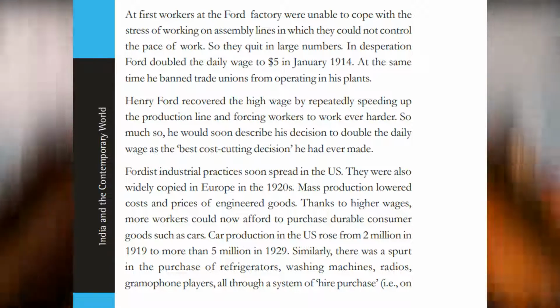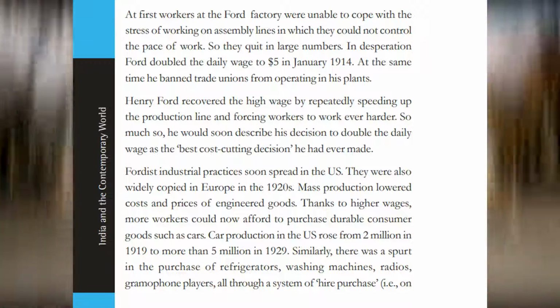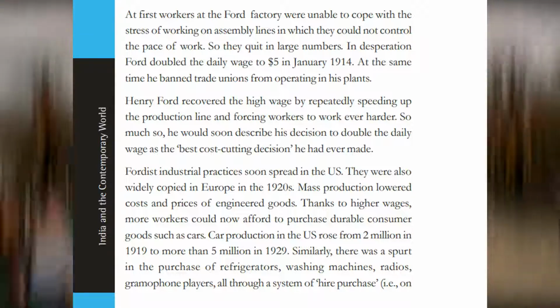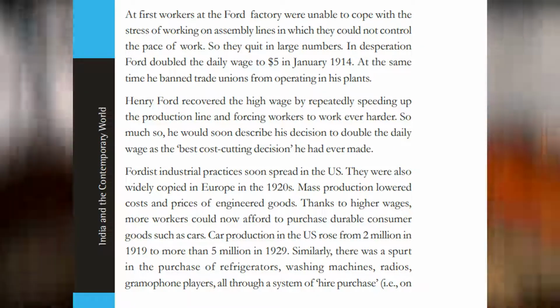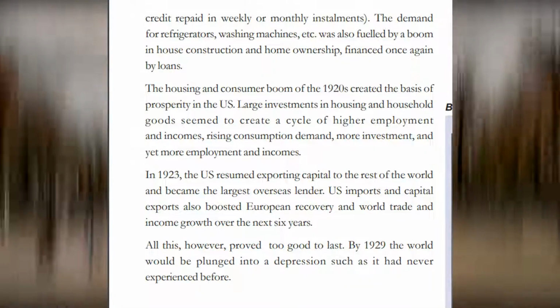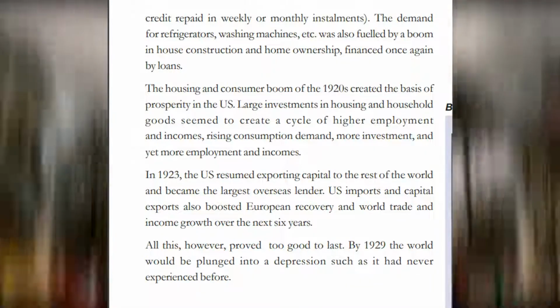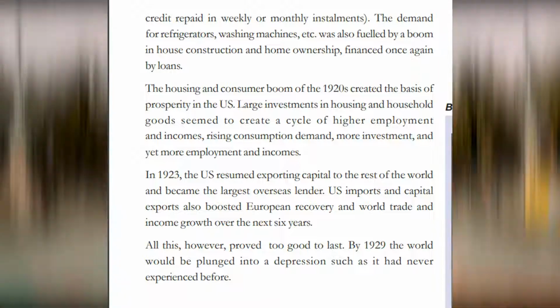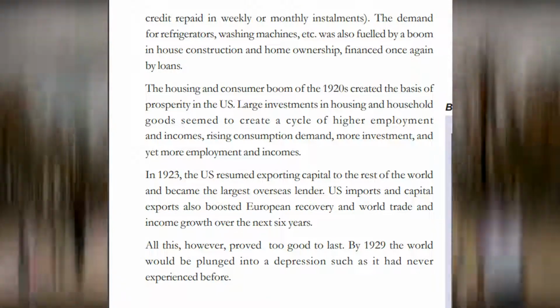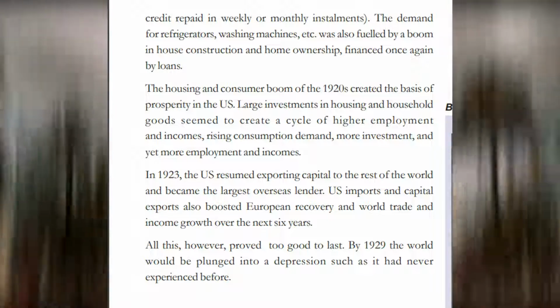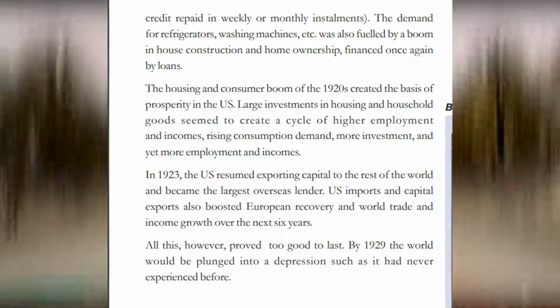Similarly, there was a spurt in the purchase of refrigerators, washing machines, radios, gramophone players, all through a system of hire purchase, i.e., on credit repaid in weekly or monthly installments. The demand for refrigerators, washing machines, etc. was also fueled by a boom in house construction and home ownership, financed once again by loans.